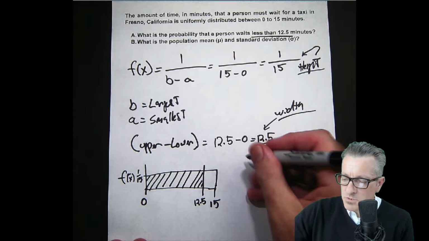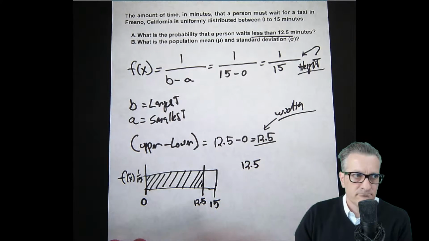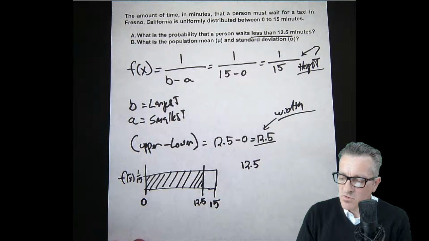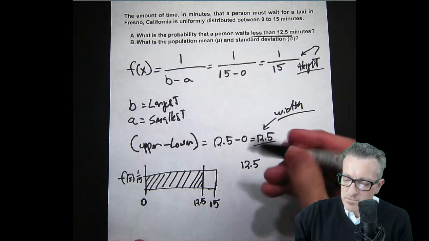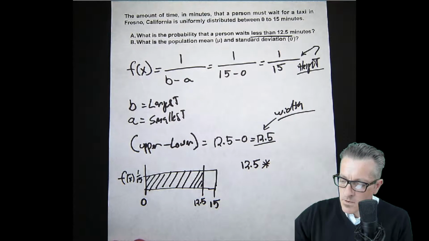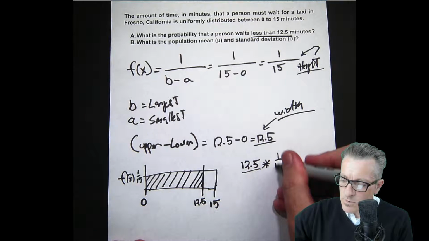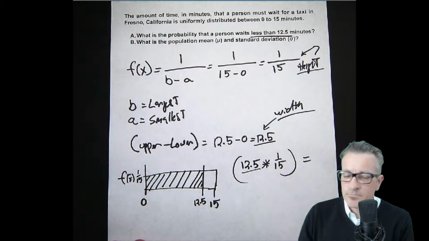To find the area of something, we multiply the width and the height. So we have our width, 12.5, and our height, 1 over 15.